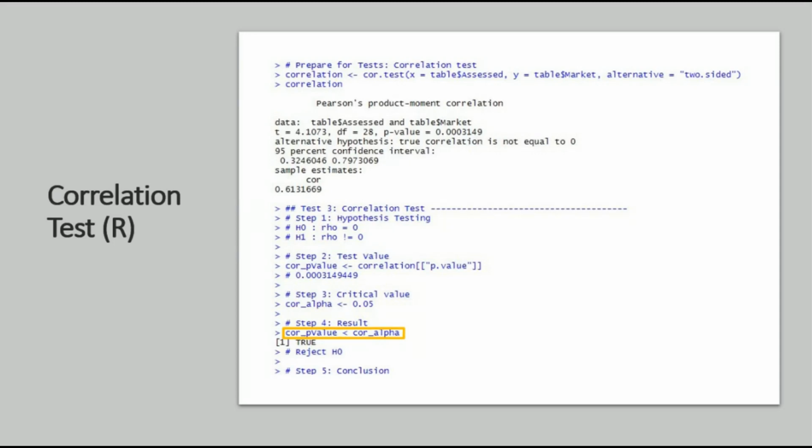From the result of the correlation test, the cor p-value is clearly less than the level of significance alpha. Hence, the null hypothesis is rejected. This means the assessed value and the market value are significantly correlated to each other.